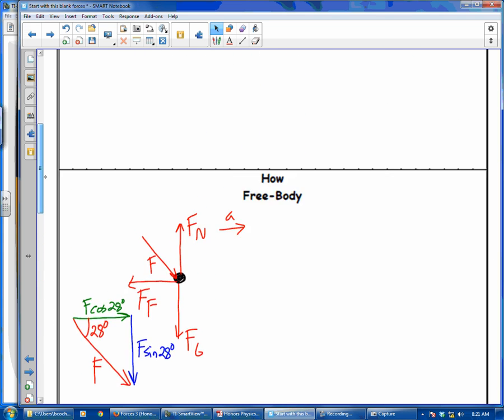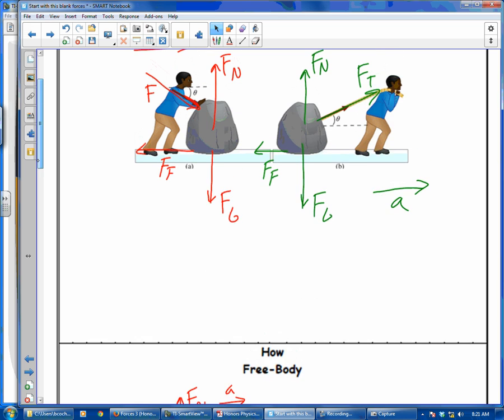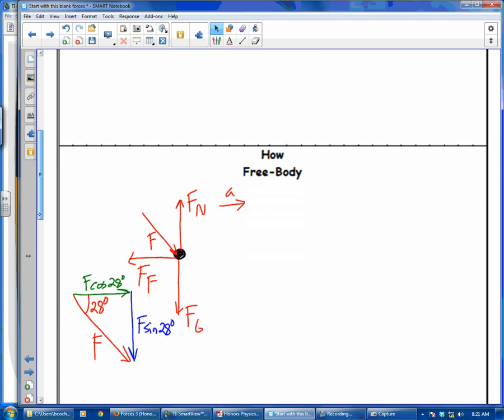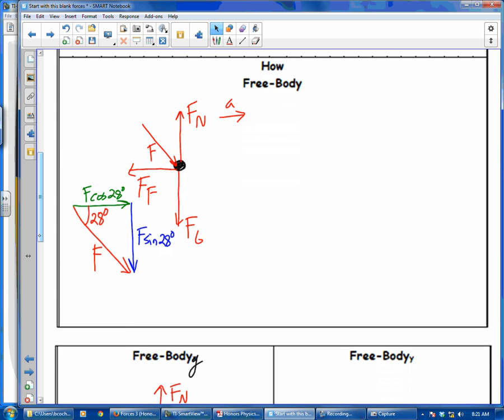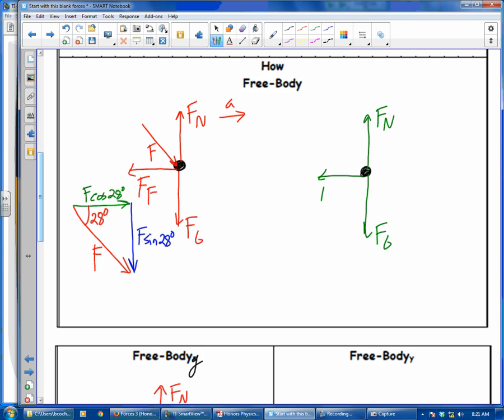Let's go on to B here. And in B, very similar free body, but not identical. Still have force of gravity, still have our normal force, still have our frictional force, still have an acceleration we're assuming, but this time F goes off in that direction.